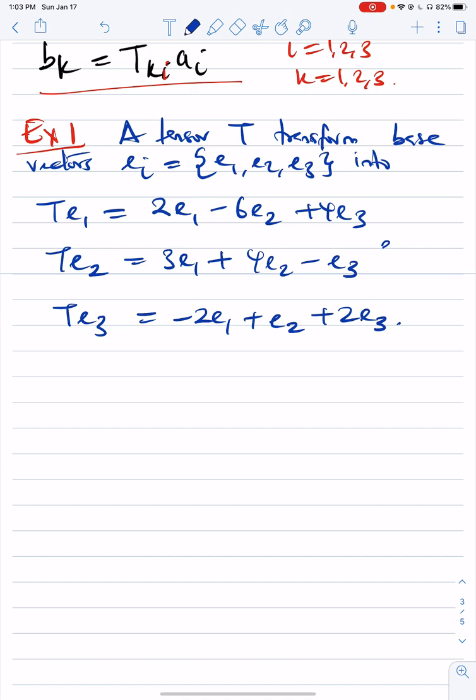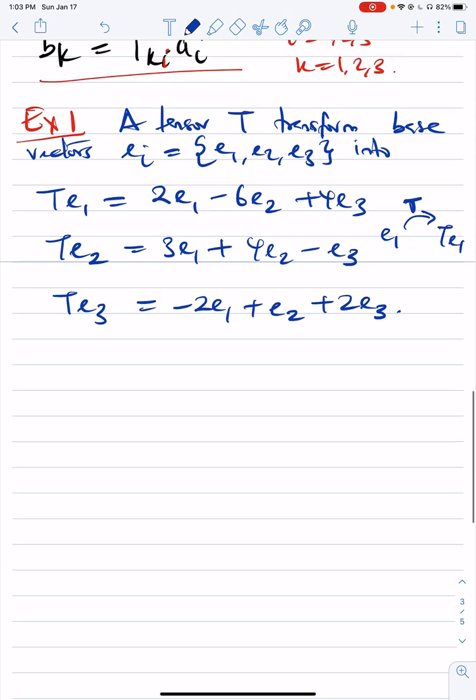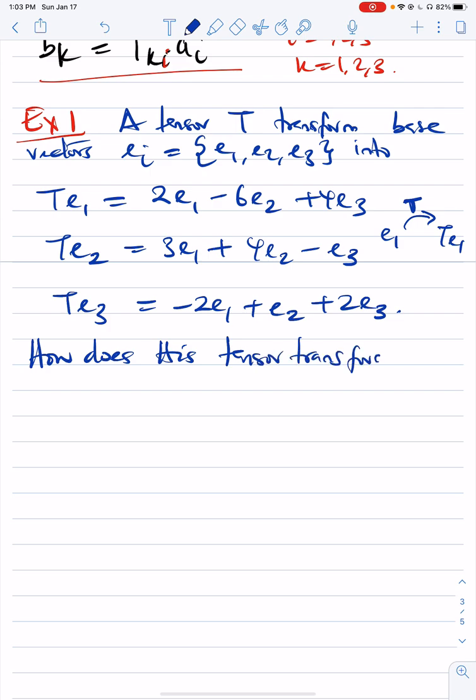So what has happened is that the Ei's have been transformed to TEi's by a tensor T, right? So now the question is, how does this tensor transform vector A equals E1 plus 2E2 plus 3E3?